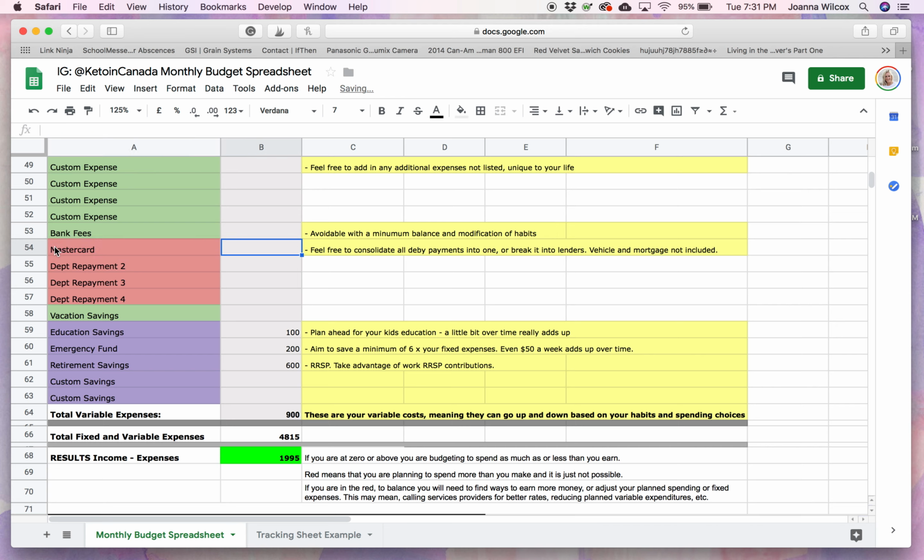MasterCard, and let's say you want to pay $100 a month. Maybe you only owe a $20 minimum payment and you want to do $100. Here, debt repayment, you could do boat, and that price is $235. So that's debt repayment. If you don't have any additional debt repayment, you could hit 0 and 0 there.